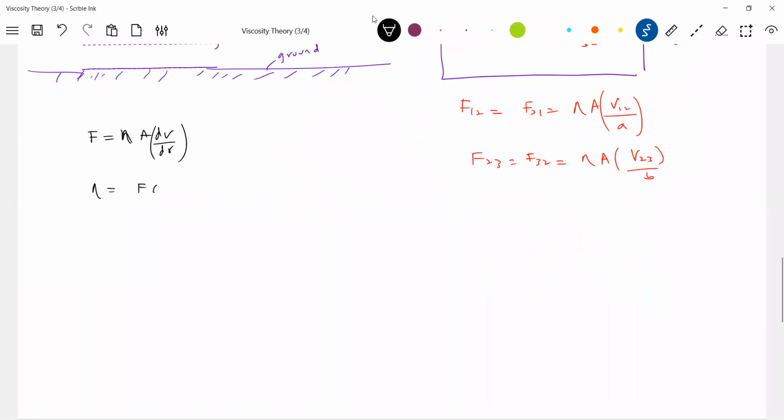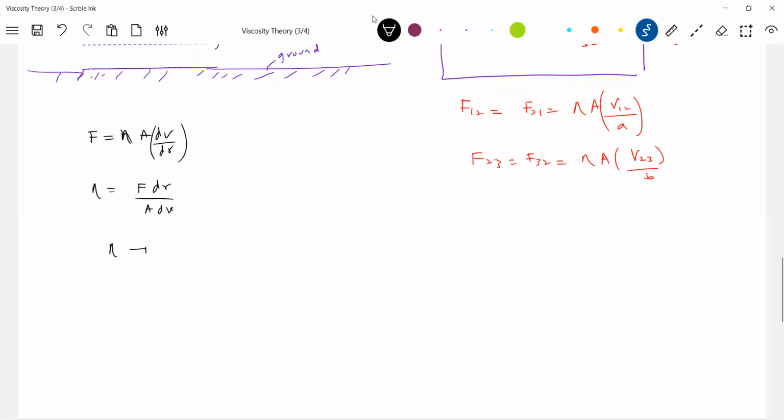So F is equal to eta A dv by dr, so eta equals F dr by A dv. We know the dimensions. Force will be Newton; we'll go for dimensions.